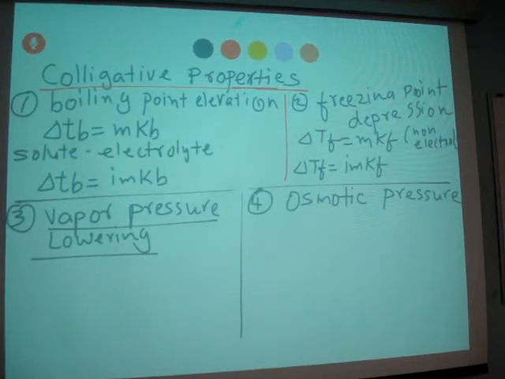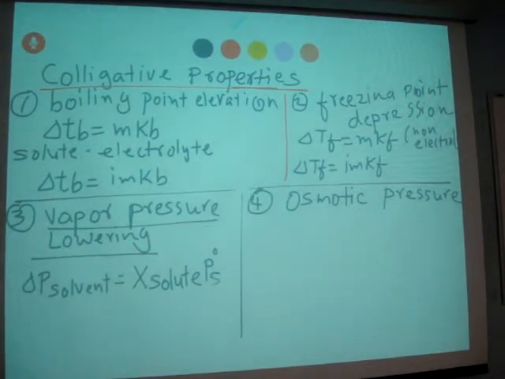Delta P solvent equals X solute times P0 solvent.